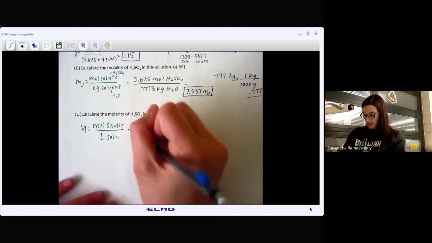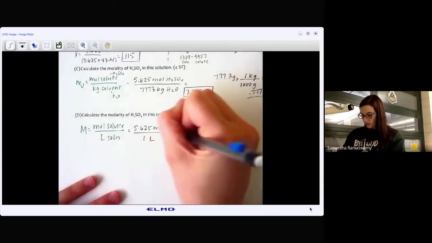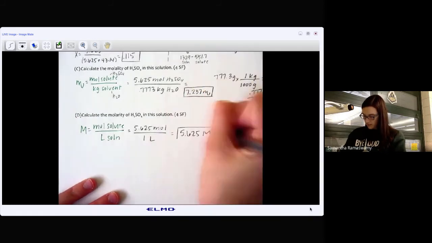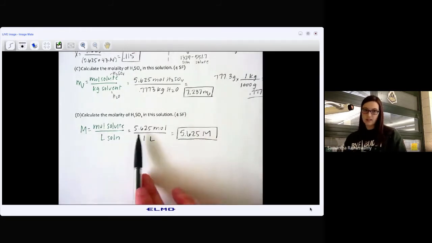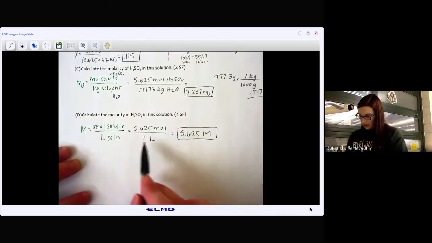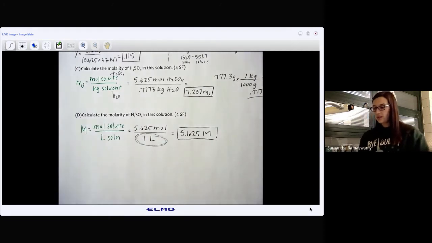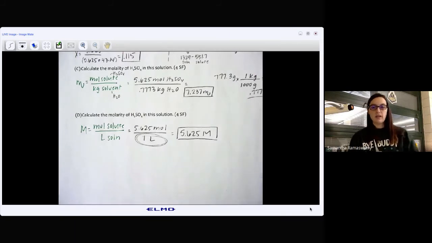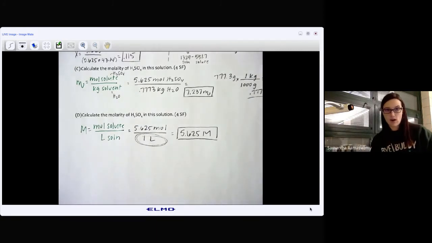Per liter means 1 liter of solution. So there's our molarity. That's why it's useful. Notice how the answer wanted 4 sig figs. I already had 4 sig figs. So this 1 liter came from the problem. The problem said 551.7 grams of H2SO4 per liter of solution. So make sure you're reading the questions because sometimes that gives you how much solvent you might have as well.